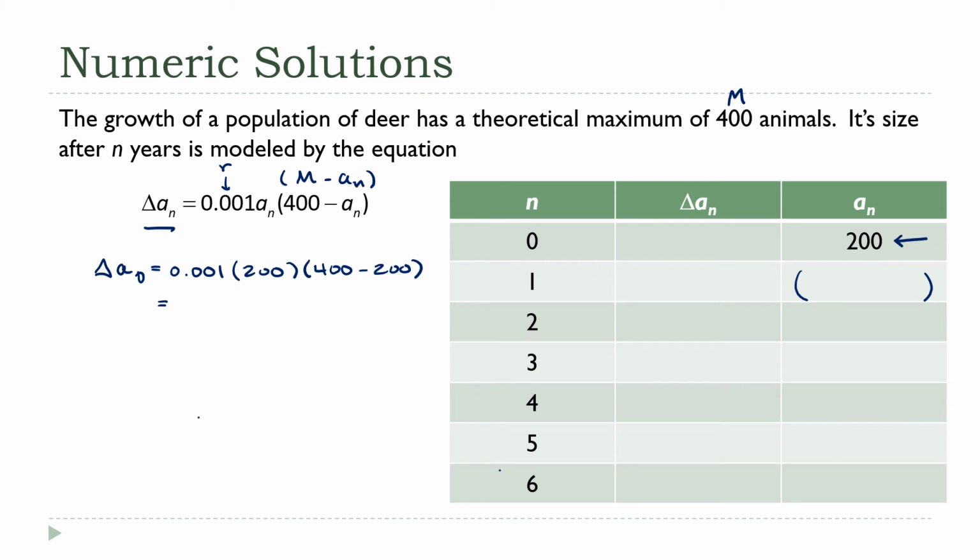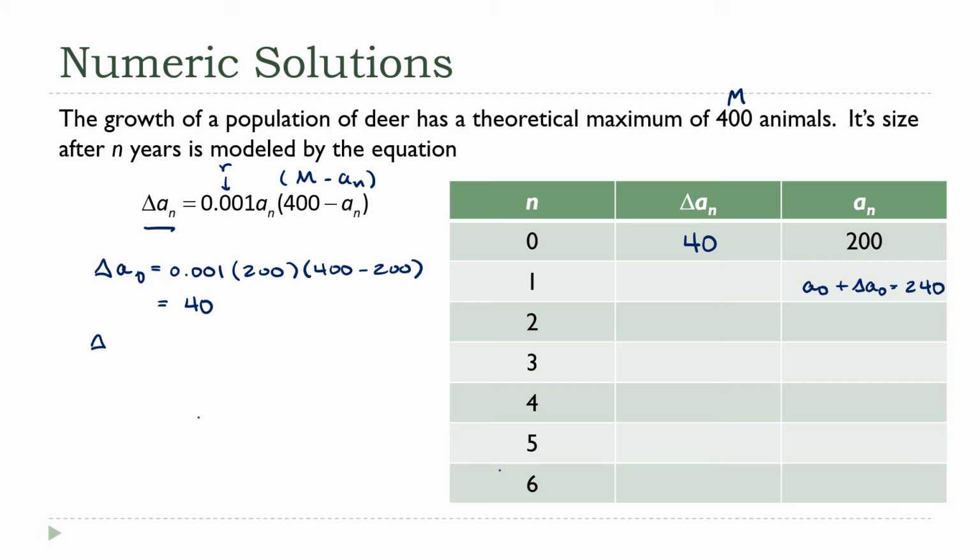That comes out to 40. So how do we get A sub 1? Well, A sub 1 is A sub 0 plus delta A sub 0, which is 240, right?